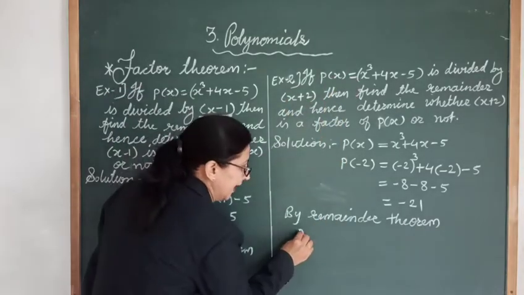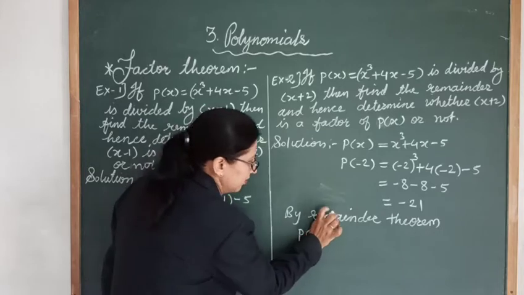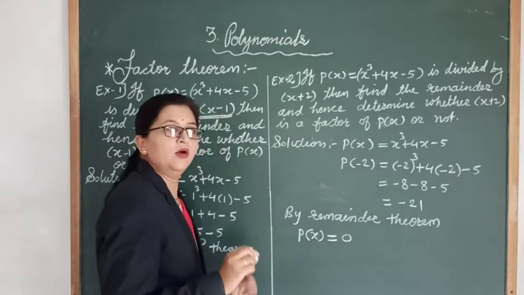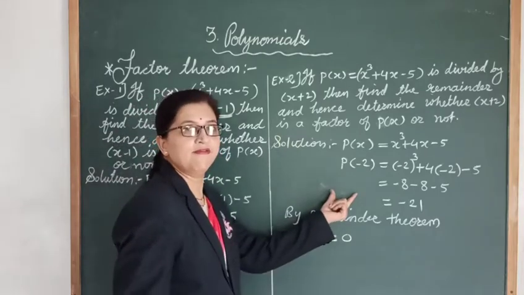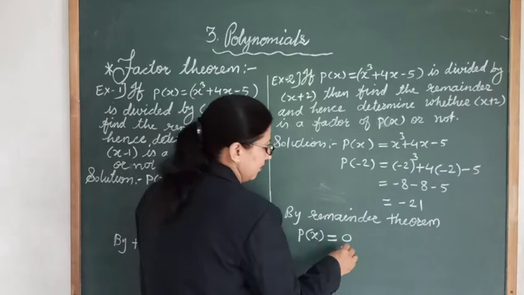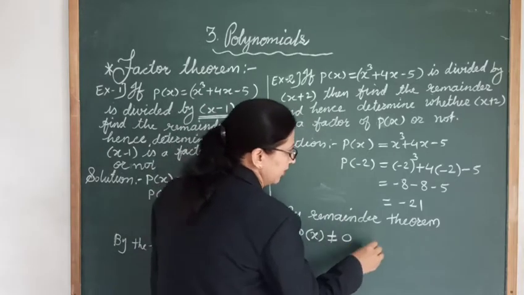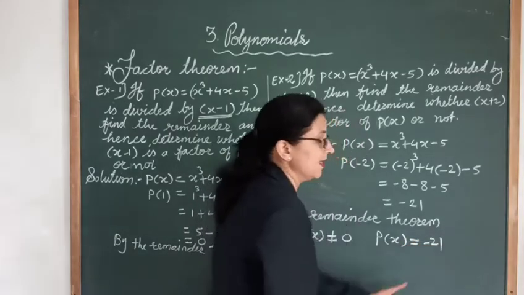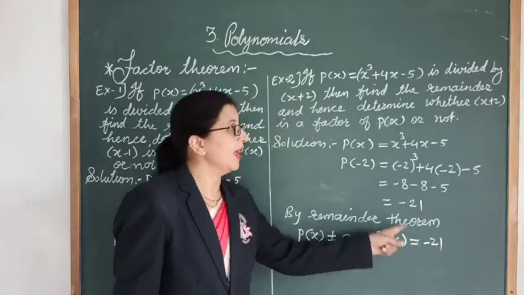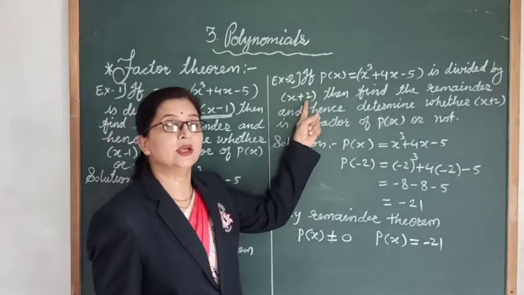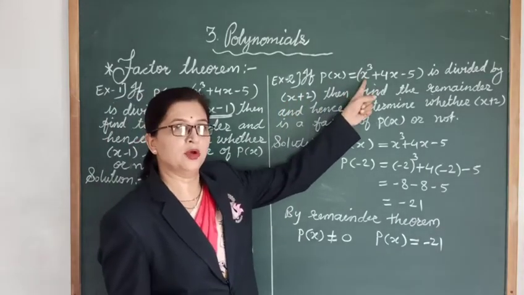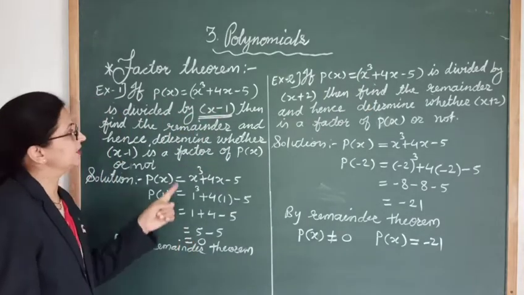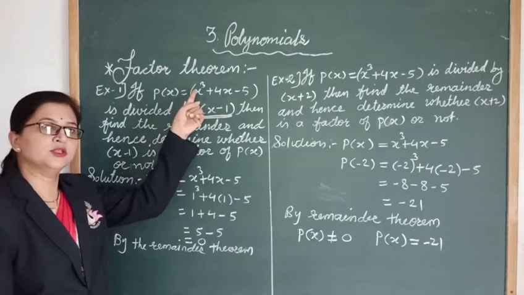If we get the value of this polynomial as 0, then only we will say it is a factor. But here we are getting that it is not equal to 0. We are getting the value of this polynomial in x as -1. That's why this x plus 2 is not a factor of this polynomial. Okay. While in this case, we got the remainder 0. That's why x minus 1 is a factor of this polynomial.